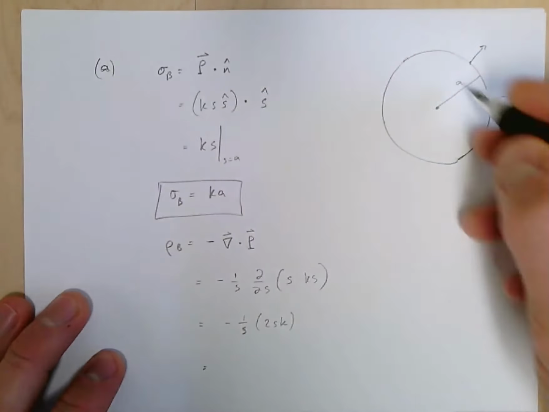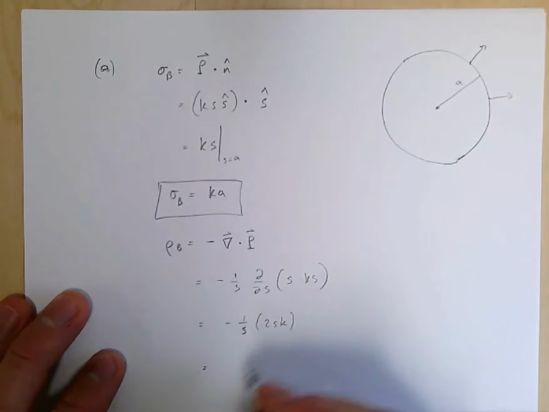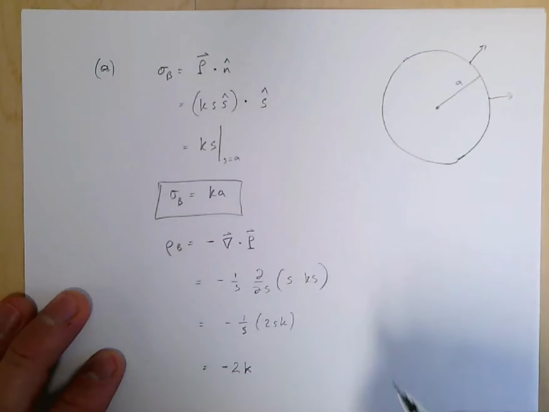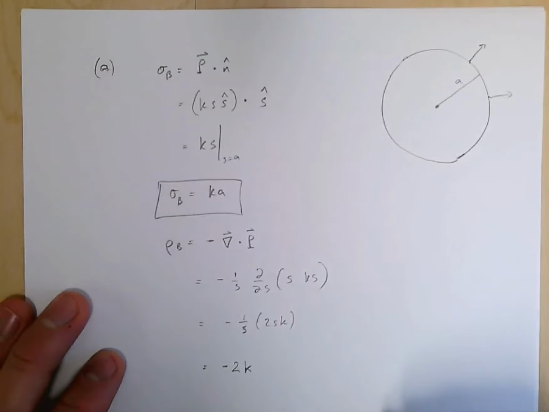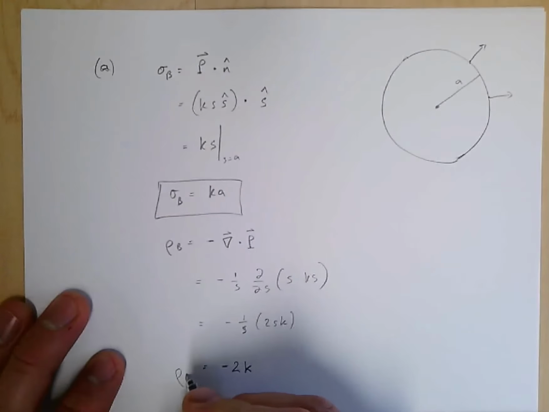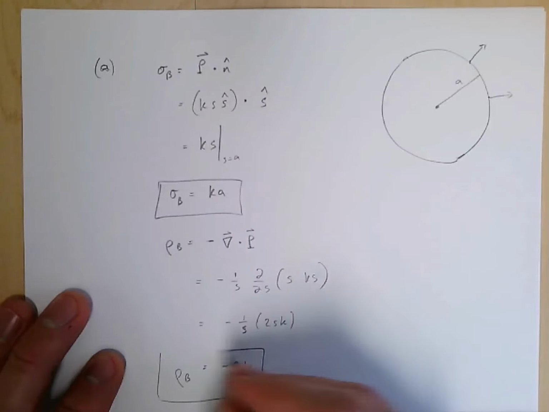It's everywhere inside of my cylinder, but it looks like it actually does cancel in this place. So it looks like I have a kind of frozen in bound charge as a result of this. So basically everywhere uniformly within this cylinder, there's actually this minus 2k. Okay, so we're almost done with part A here.